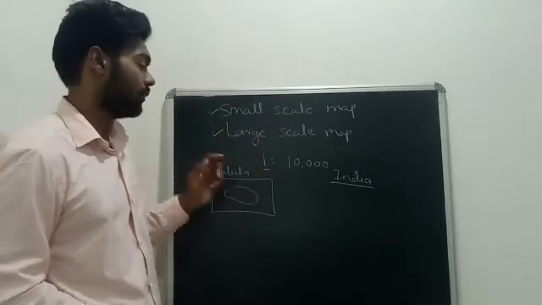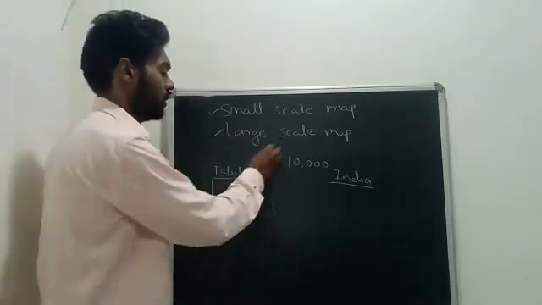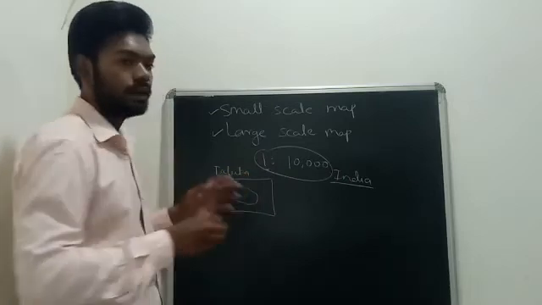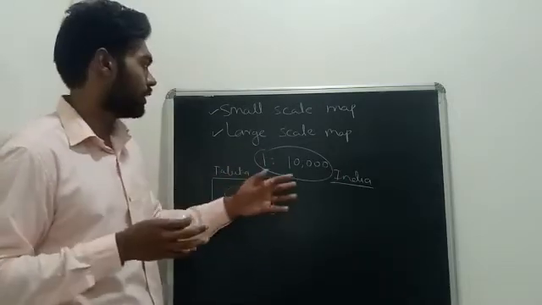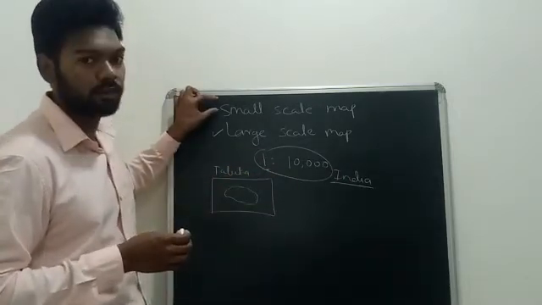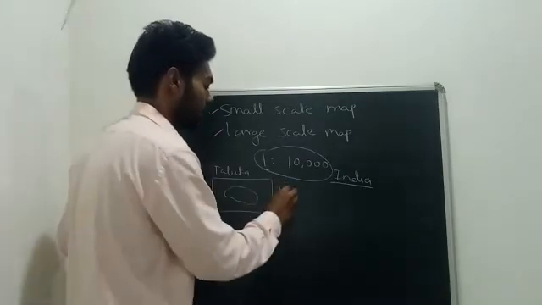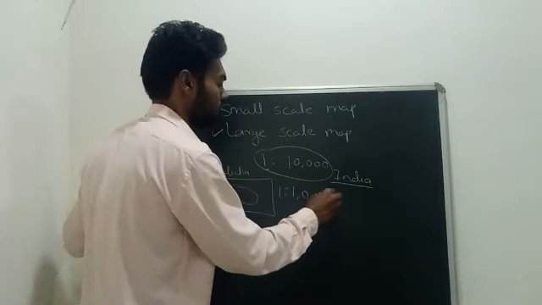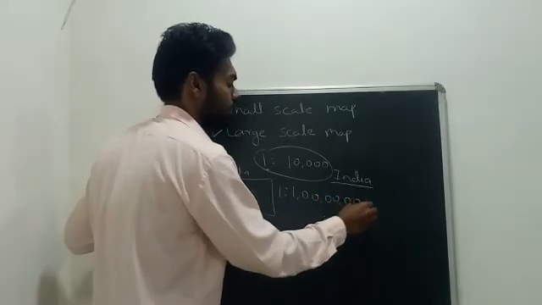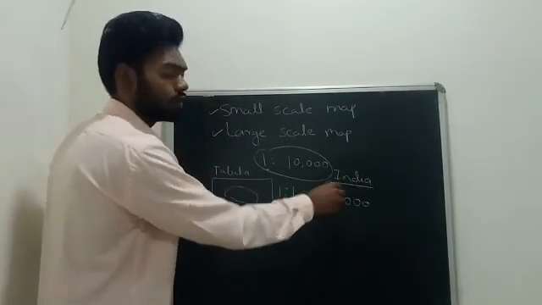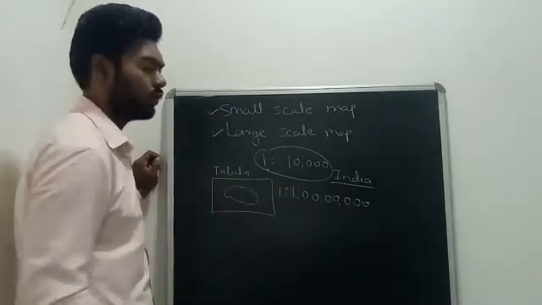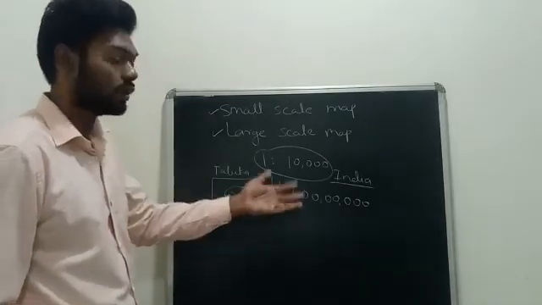So this is what we are talking about. If the scale is more, then it will be called a small scale map. In the context of India we need much more than that. If you have to show it on the map, we need more numbers.